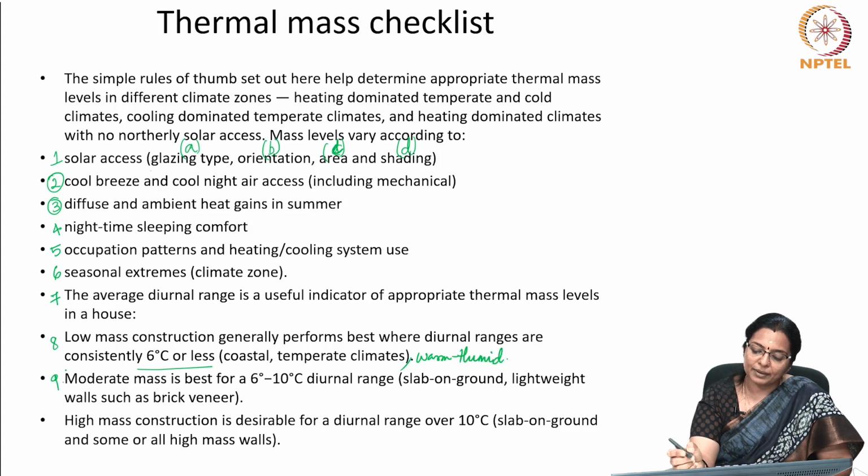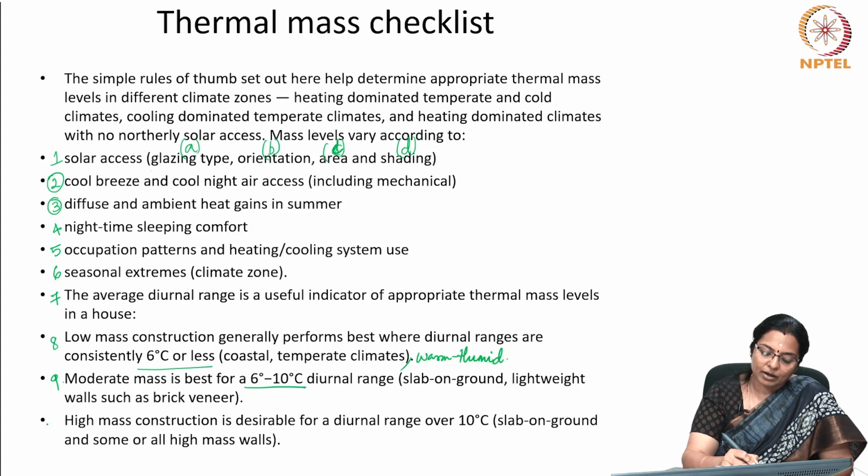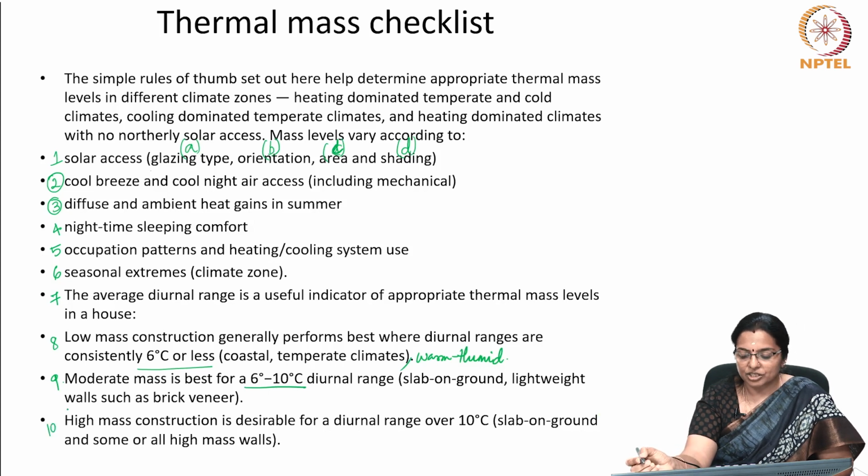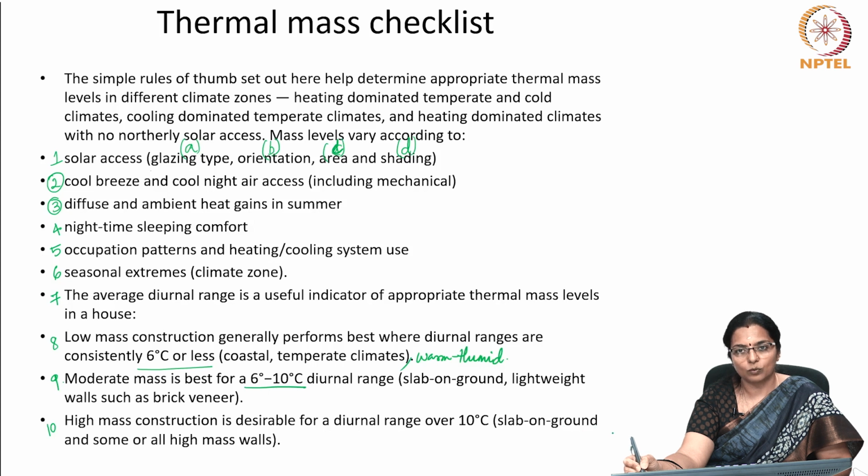Moderate mass is best for 6 degrees to 10 degrees diurnal range. Slab on ground, lightweight walls such as brick veneer. Whereas high mass construction is desirable for a diurnal range of above 10 degrees centigrade, like slab on ground and some or all high mass walls.